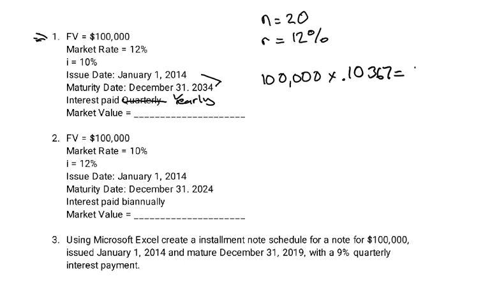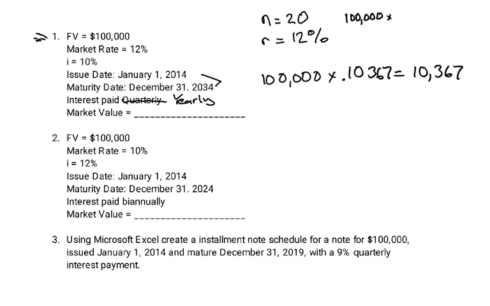We'll get $10,367. So that will be for the principal.